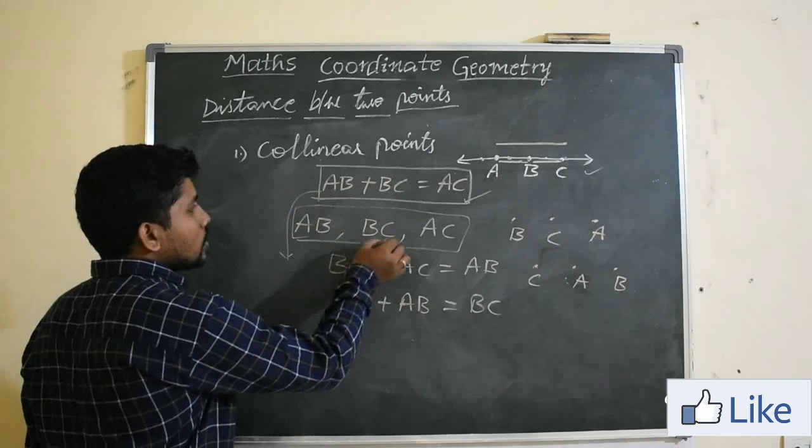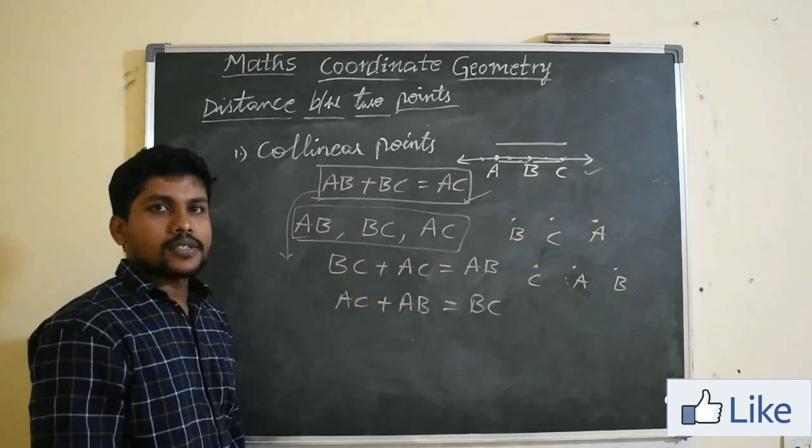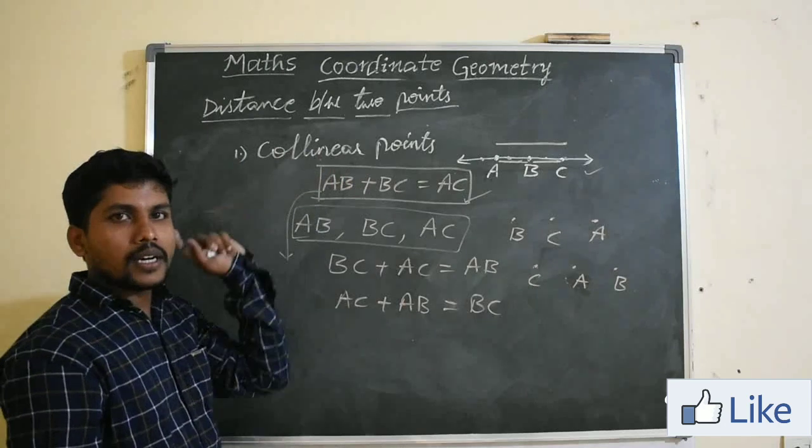Then the sum of any two distances should result in the third distance, and we can conclude that the given points are collinear.